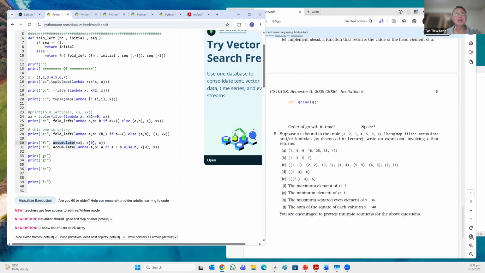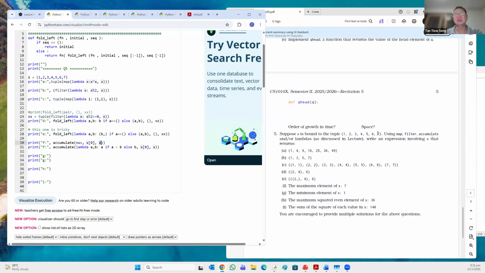You accumulate using the max function, which you can write yourself also. The initial value is the first guy you use, and then compare with the rest. That is your maximum. You accumulate, you check one after another.